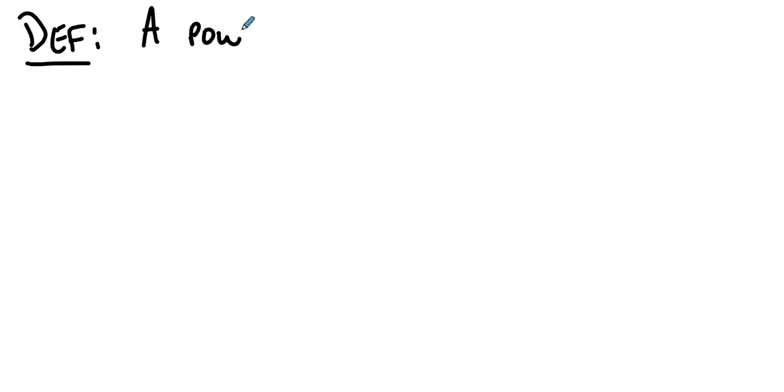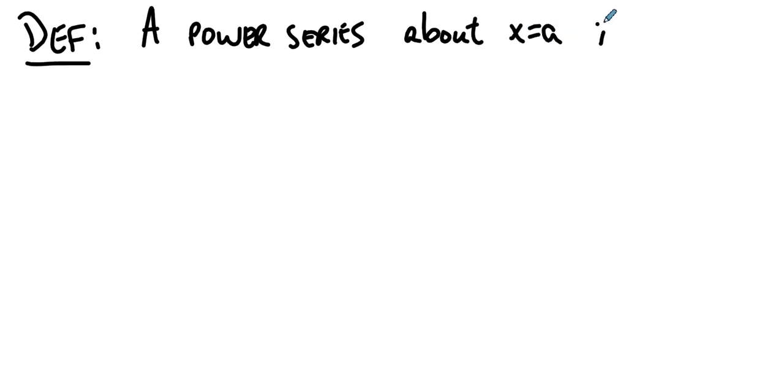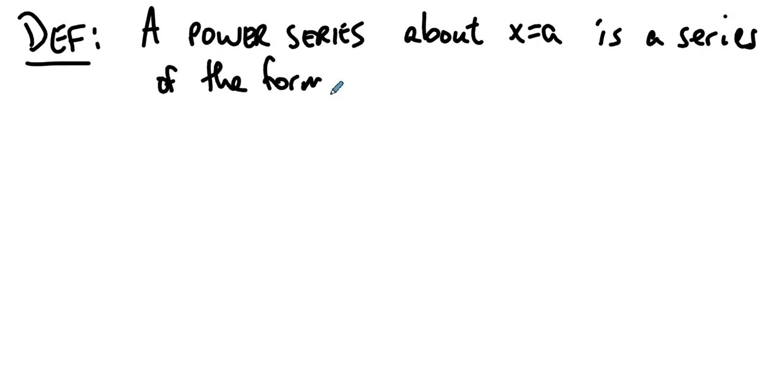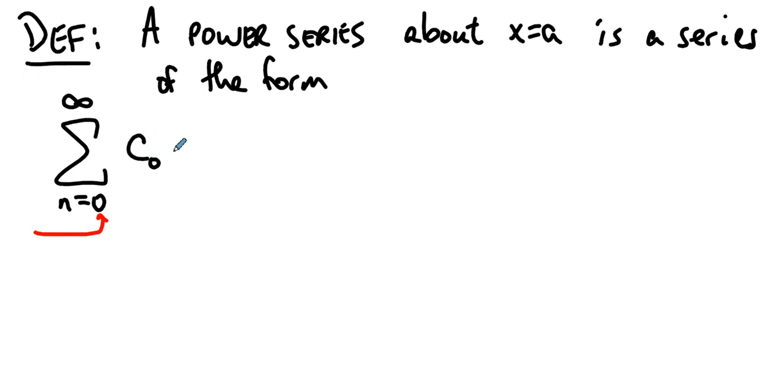Let's talk about what we mean by a power series about x equals a. It's a series of the form sum as n goes from 0 to infinity of some number times x minus a to the n.